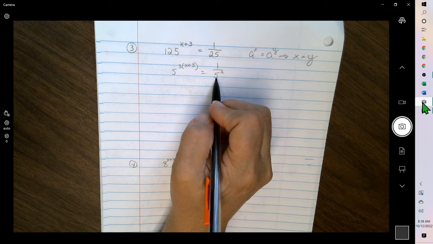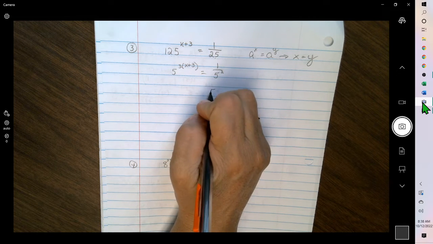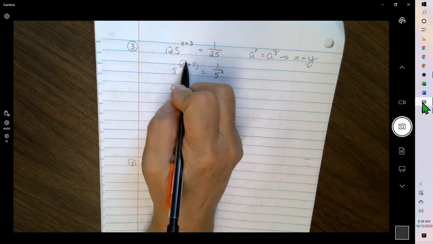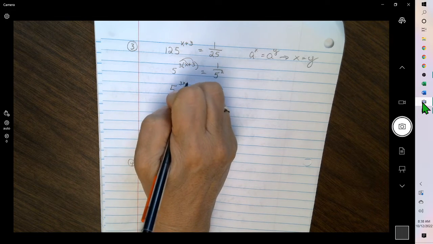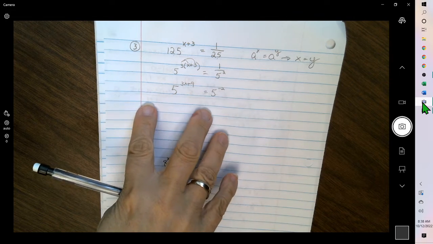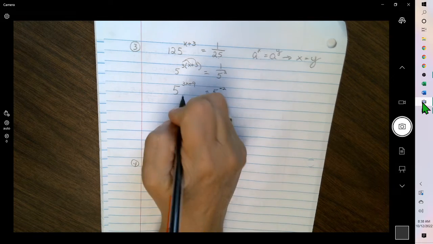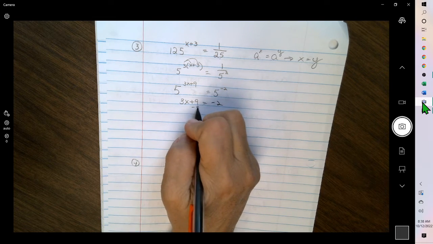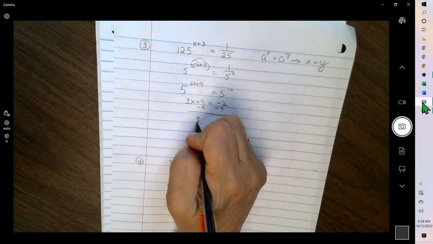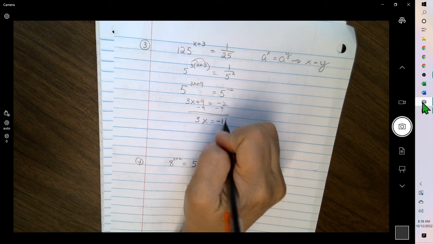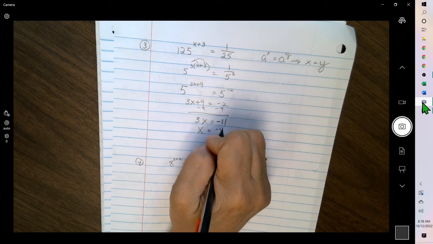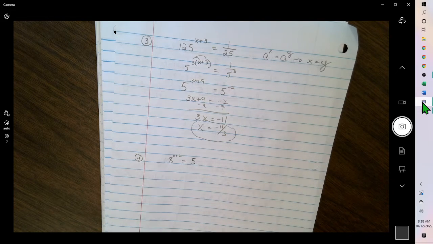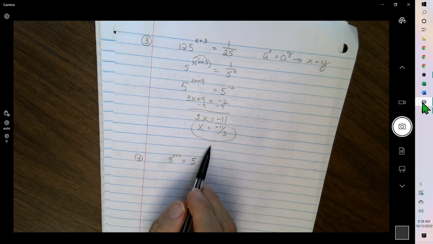But this is in the denominator. We can move it up. It changes the sign on the exponent. And I'm going to distribute this 3. Now I have the same base. I can set the exponents equal and solve. Subtract the 9 and divide by 3. So that's one way of solving this problem.